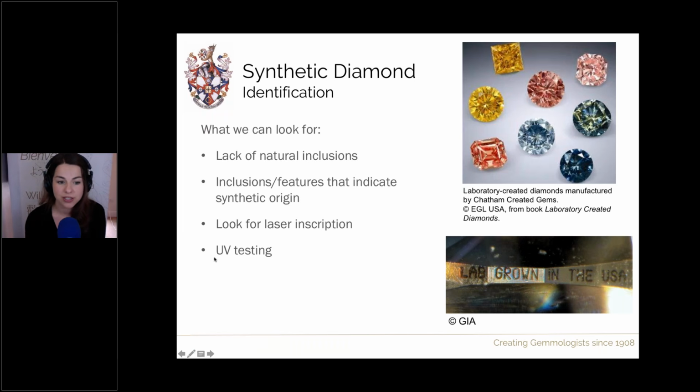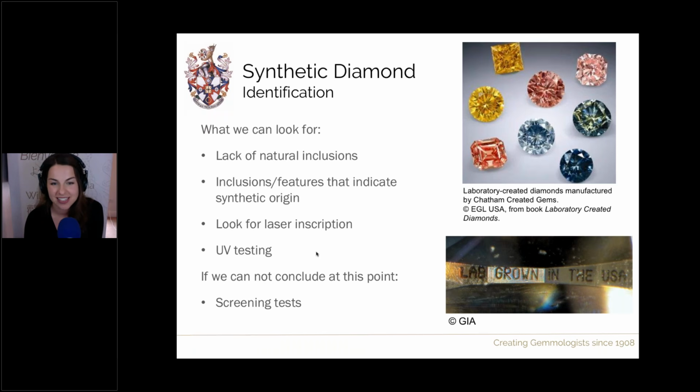But other things that we can do is look for UV testing. I'll talk more about that on the next page. But if we cannot conclude the origin of the stone at this point, so there's nothing visually or with UV that can help us, that's when we'll have to get a bit more into technology. So we can look at screening tests that might be able to help us determine natural or synthetic origin, or some advanced tests.